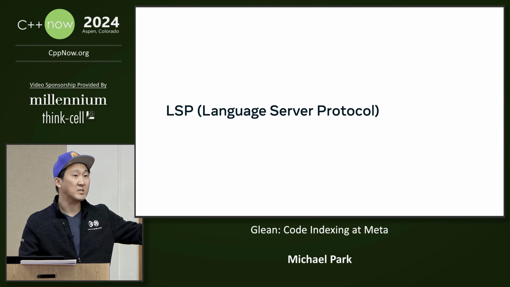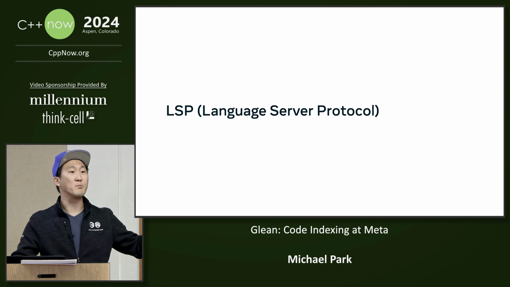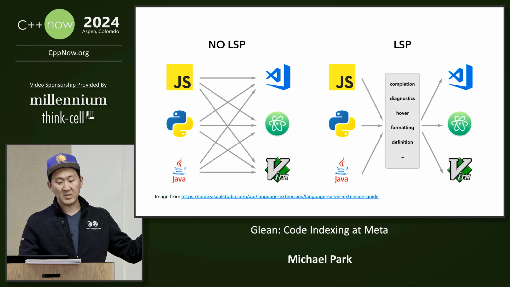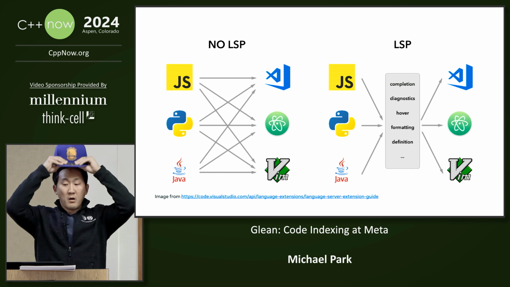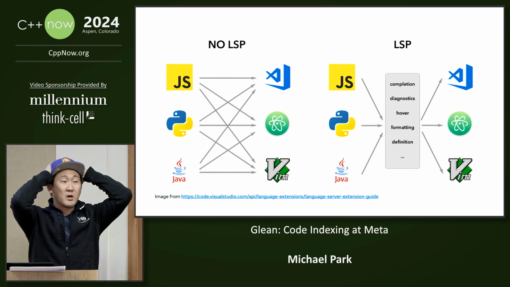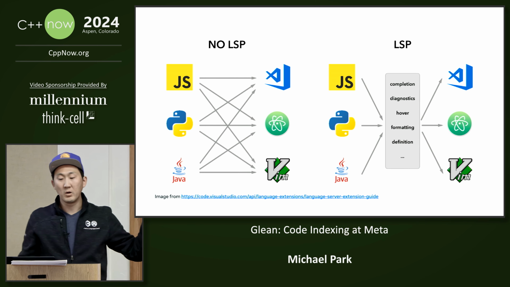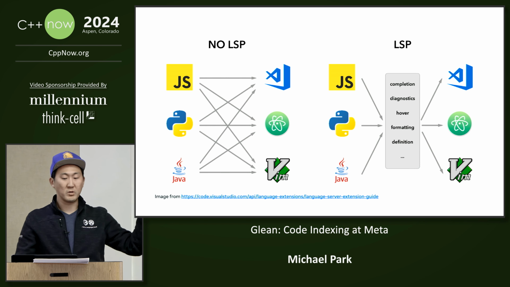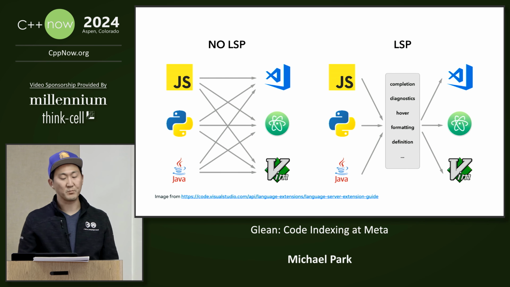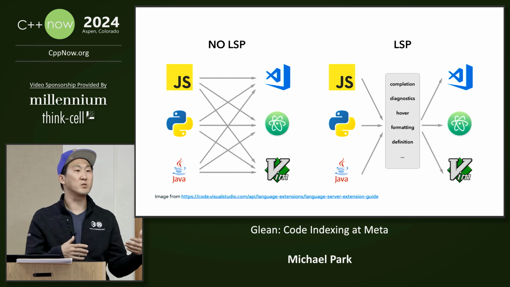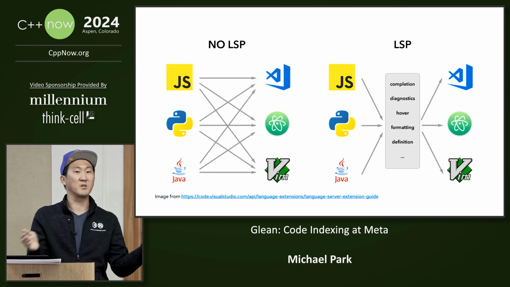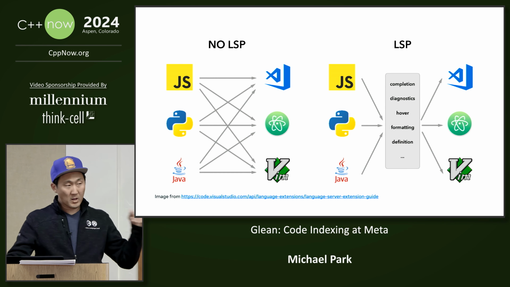The LSP is something that Microsoft came up with, and you might have seen this picture before. Basically, it's to solve integration problems with different editors. With no LSP, you have this mess of a situation where all these different languages need to support all these different editors individually.